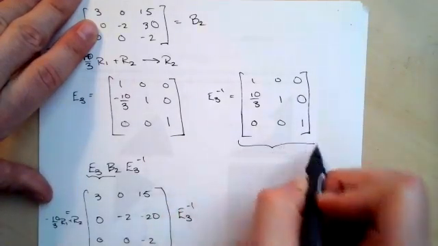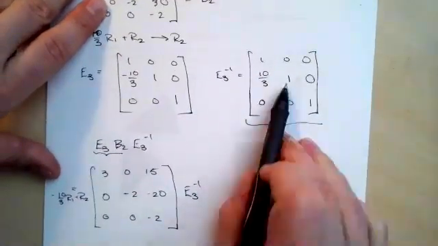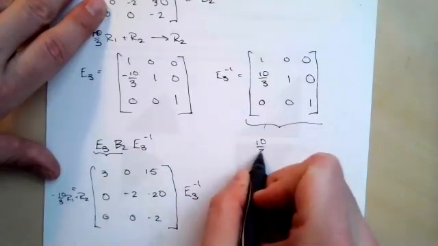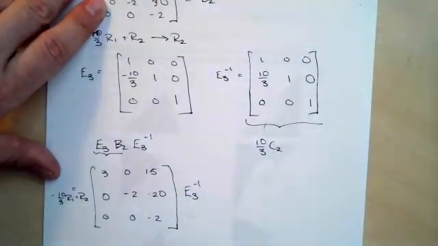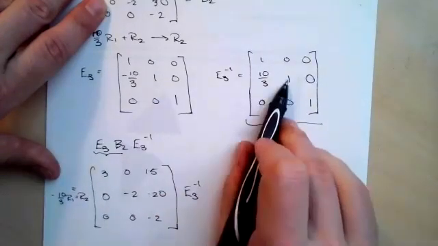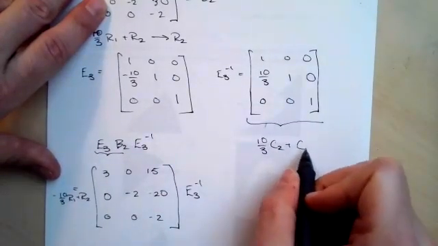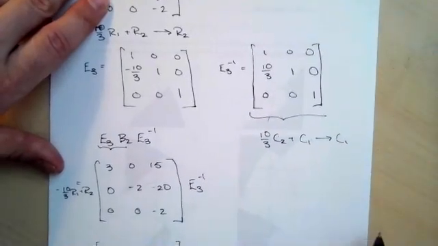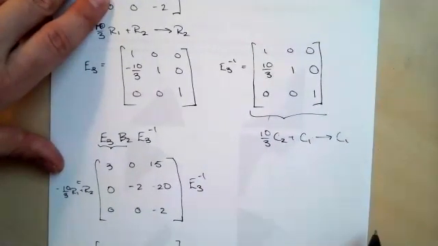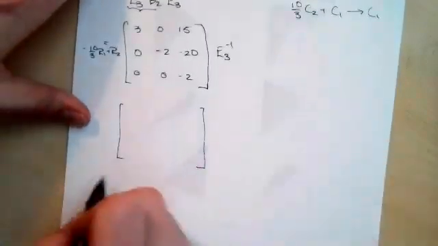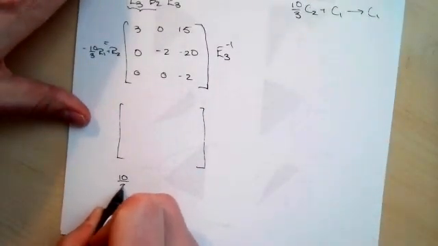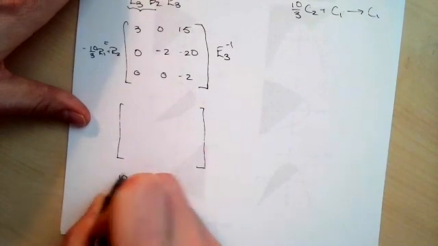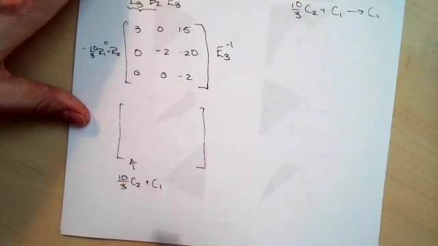If we now interpret it as column operations, how would we get this column operation from the identity? We are taking 10/3 column 2 and adding it to column 1, replacing column 1. So if we do that same operation, 10/3 column 2 plus column 1, and then replacing column 1.